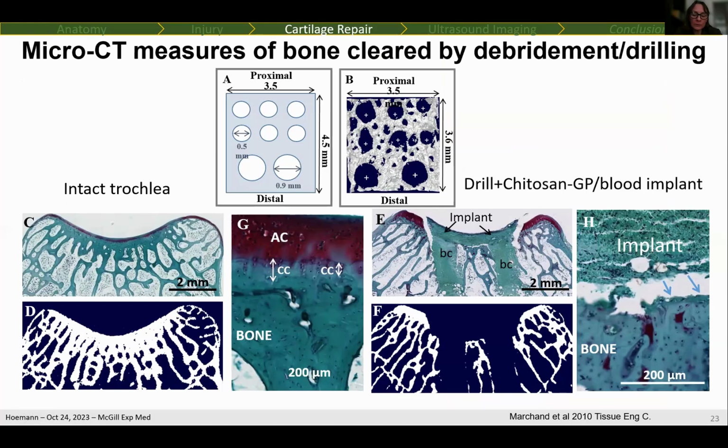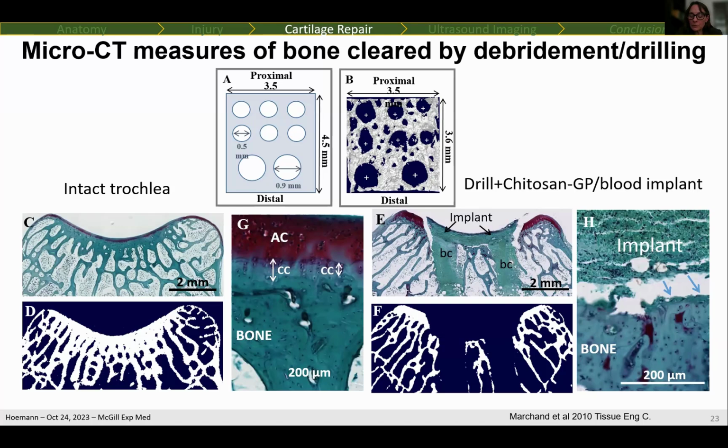And what we found is that we thought we were debriding just the calcified cartilage in the defect, but what we realized is that scraping away of the tissue actually debrided the whole subchondral bone plate, and was removing a considerable amount of bone.